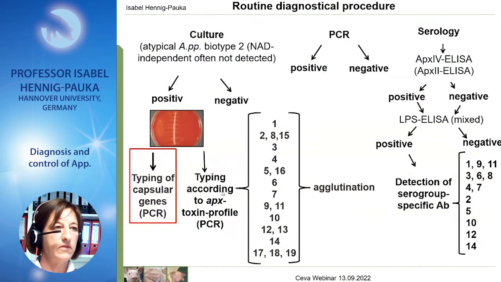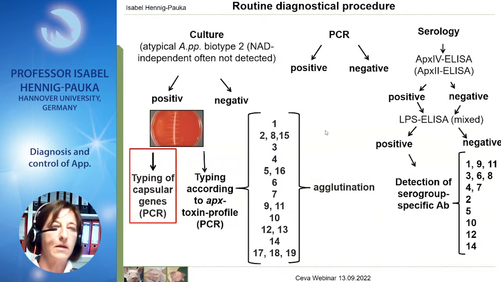This is, in my opinion, the gold standard. In addition, you can do typing of APX toxin profiles, so you get groups of APP, and you can further specify by agglutination with rabbit antisera, but you will only get the serotyping groups, but you have the chance to detect also APP with atypical toxin patterns.